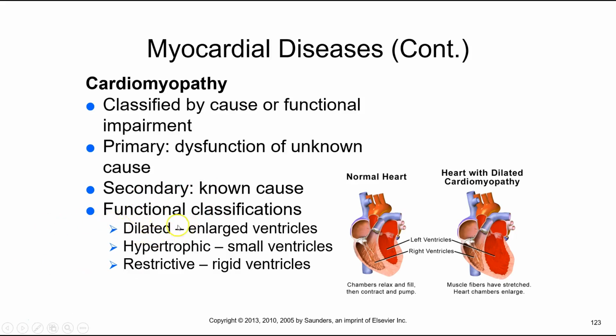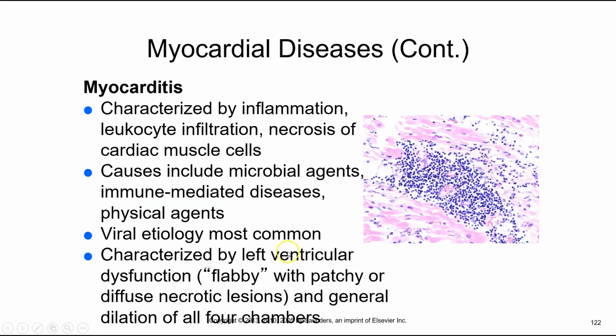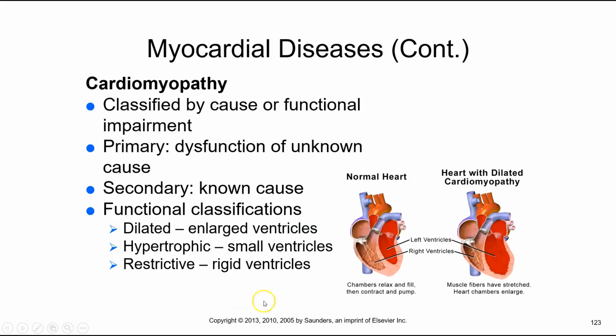Another kind of cardiomyopathy is a dilated cardiomyopathy. And that's kind of what we've been seeing. Myocarditis can lead to a flabby or patchy necrotic lesion of part of the heart wall. And that would cause a weakness of the heart wall that's going to dilate out, sort of, abstractly, like an aneurysm. It bulges out and it's weaker at that point.